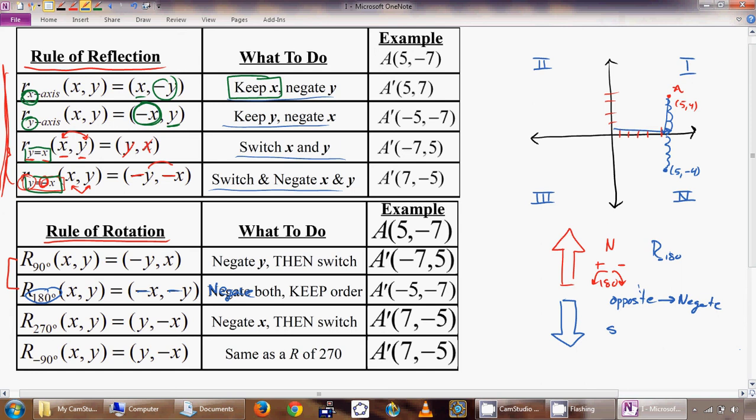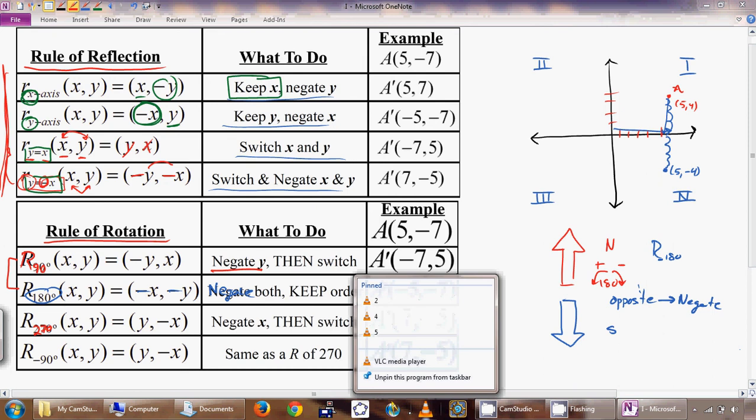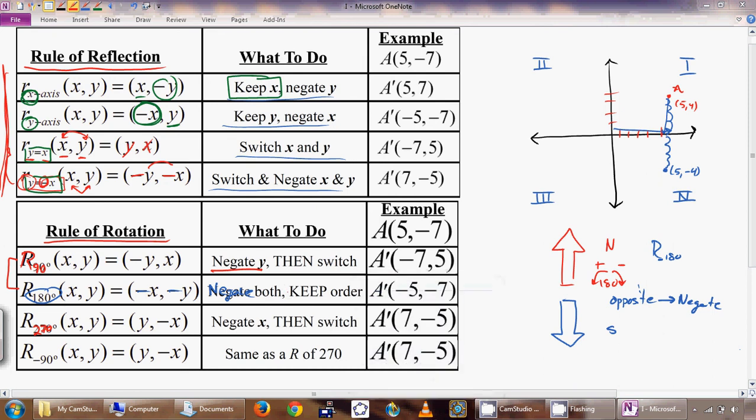I only remember the rotation of 90 degrees because when I go to do the rotation of 270, I just know it's the other one. What I remember is negate y, and then you switch. You take your y, you negate it, and then you switch, and that's why the negative y is in the front now.